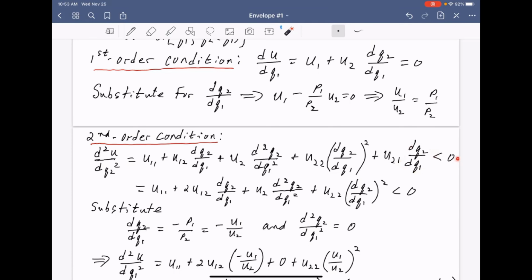And that must be less than 0 for a maximum. So we can rewrite that as follows, and I'm not going to go through that. You can look at that yourself.